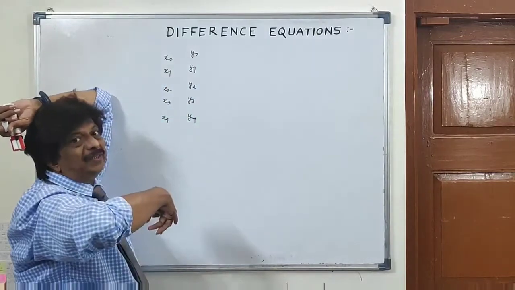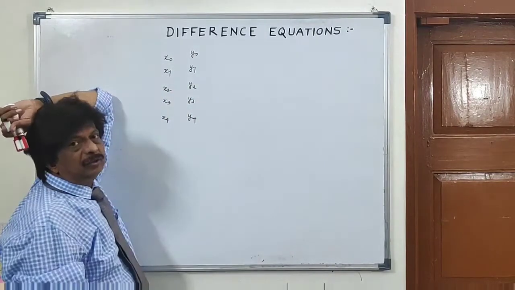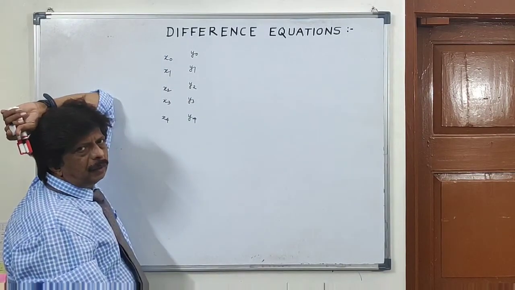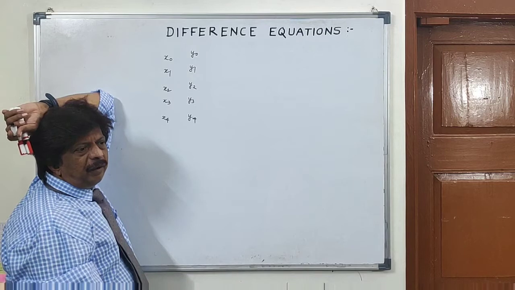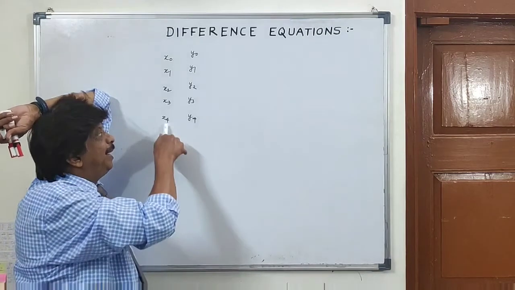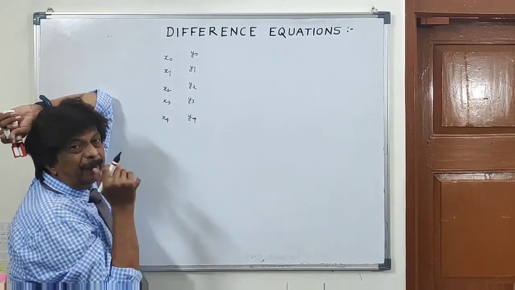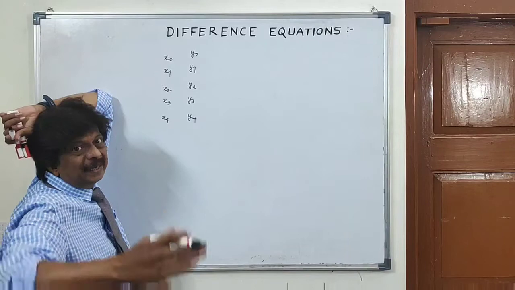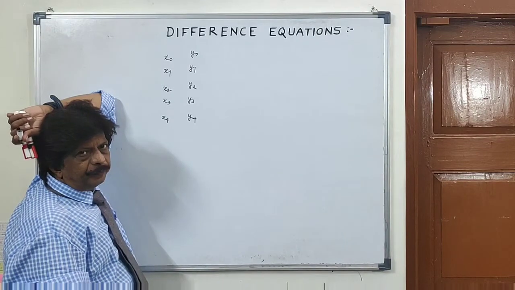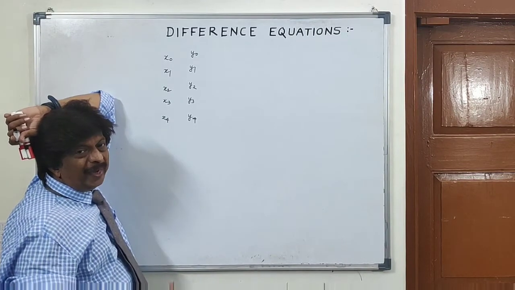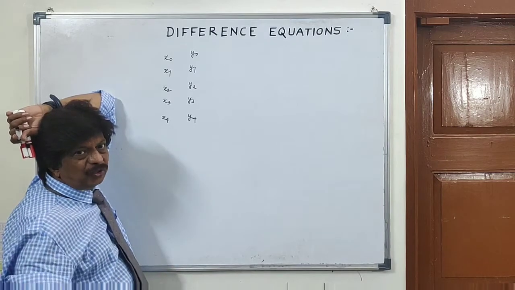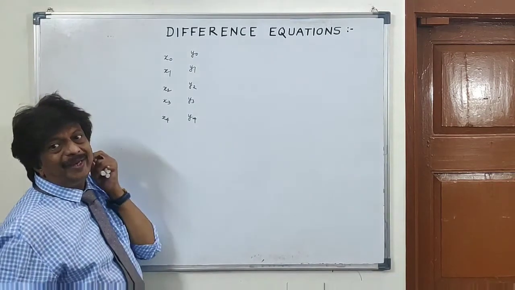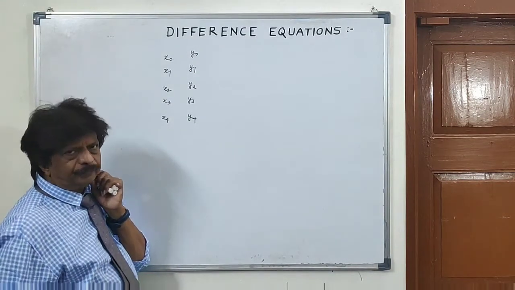This column is called the value column, and this is called the argument, as compared to the independent variable and dependent variable. These arguments are equidistant: x1 is equal to x0 plus h, x2 is equal to x0 plus 2h, x3 is equal to x0 plus 3h and so on.